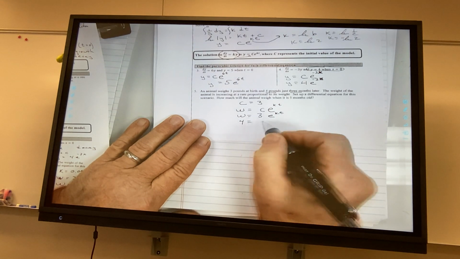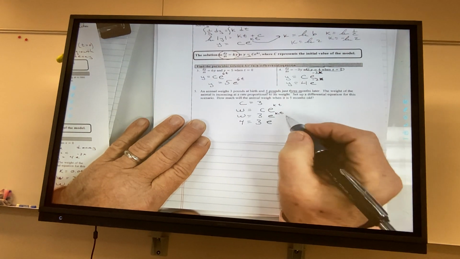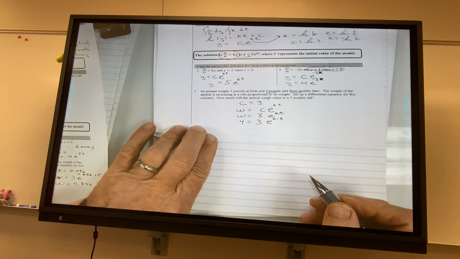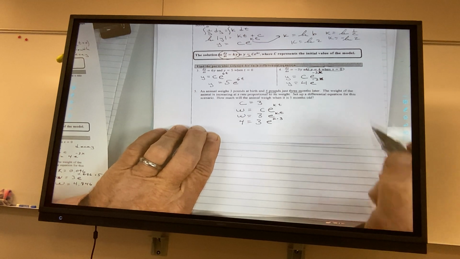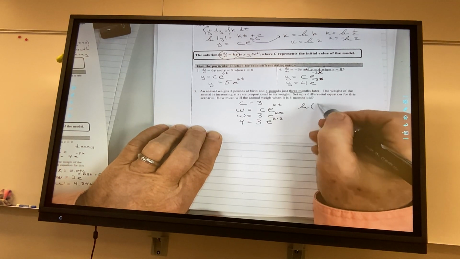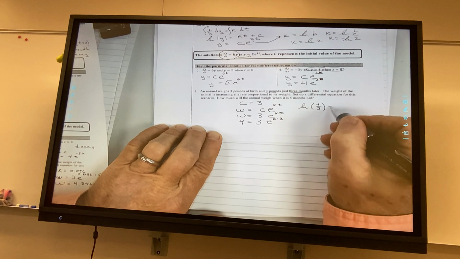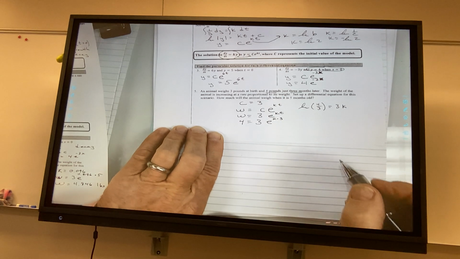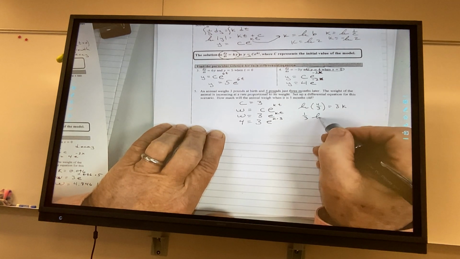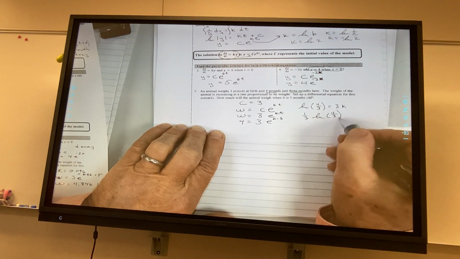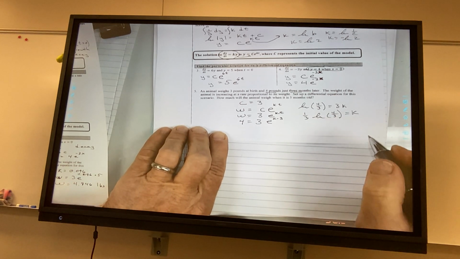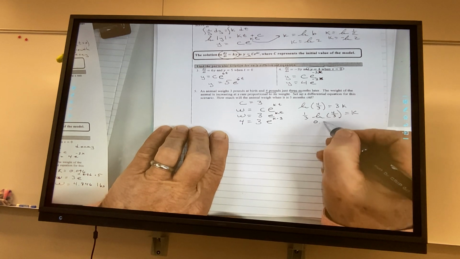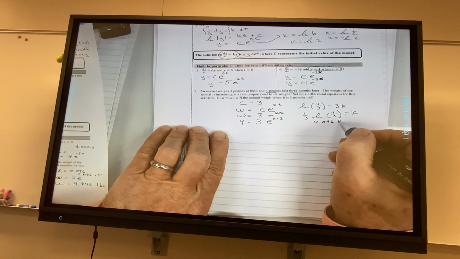So 4 equals 3E to the K times 3. Which means I have the ln of 4/3 is equal to 3k. So I have 1/3 ln of 4/3 is equal to k. And that was approximately 0.096 was k.